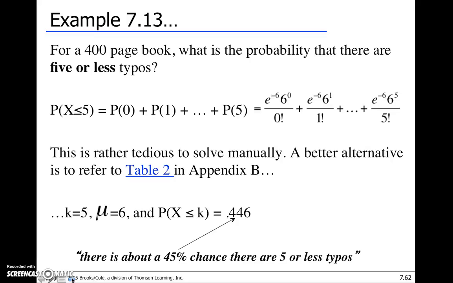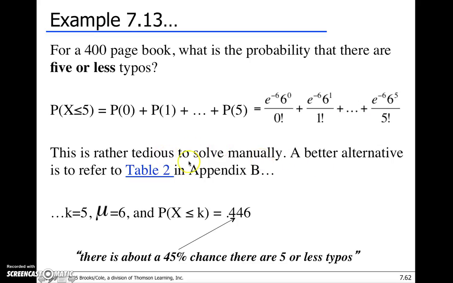Okay, the probability that x is less than or equal to 5 is obtained by summing the probabilities that x is equal to 0, 1, 2, and including 5. Using the formula for each value of x is a lot of work. This is rather tedious to solve manually.